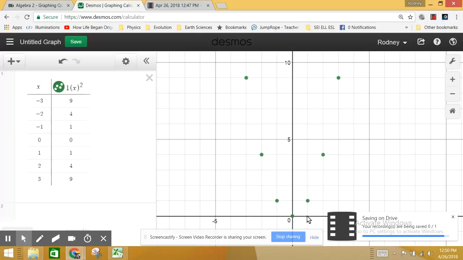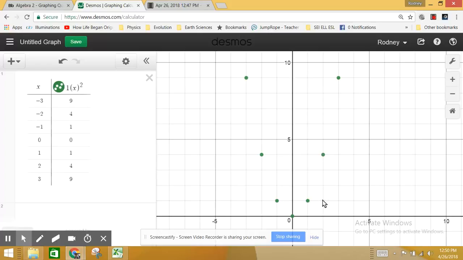As I go out from my vertex horizontally and then go to each step in the parabola, I go out 1 and up 1 for my first one. And then I go out 1 and up 3, out 1 and up 5. And I want you to notice what happens as I add some more values.